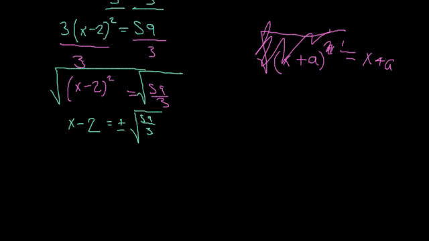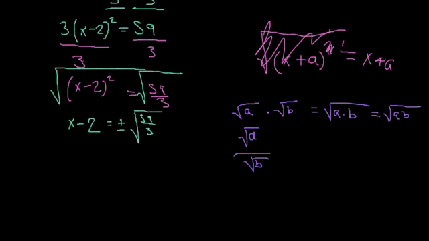Right now I'm going to have to teach a few radical identities if you don't already know them. Let's say we have rad A times rad B. Rad A times rad B is equal to rad A times B, which can be rewritten as rad AB. Rad A divided by rad B is equal to rad A over B. So, let's take the inverse of that.